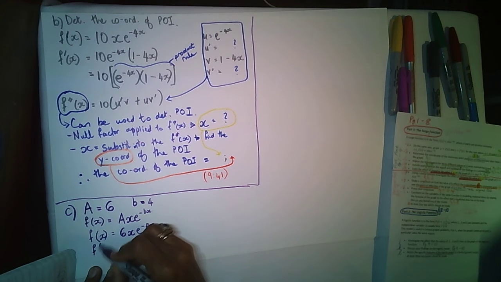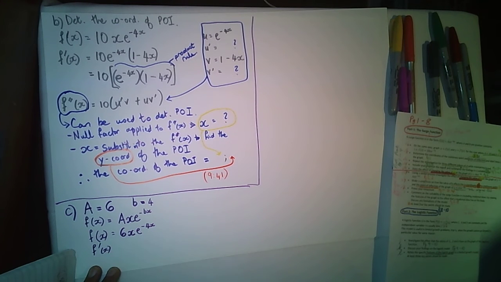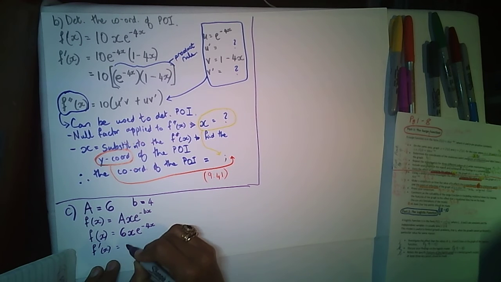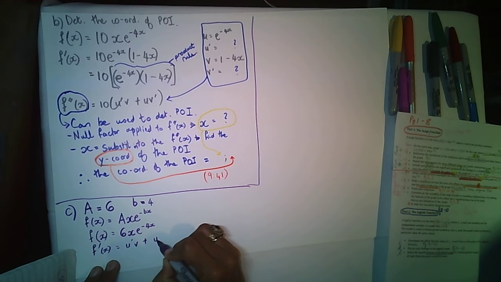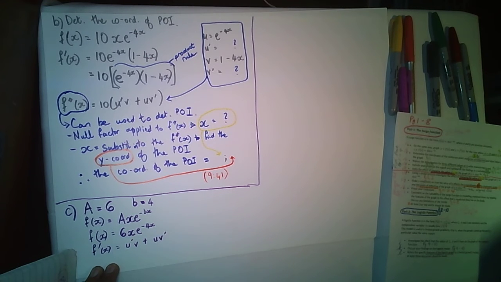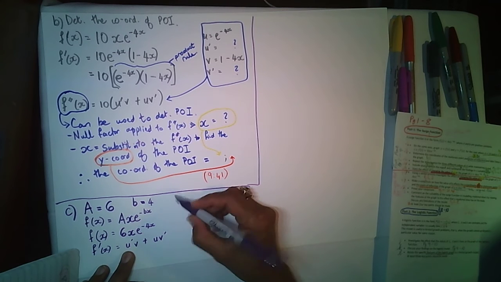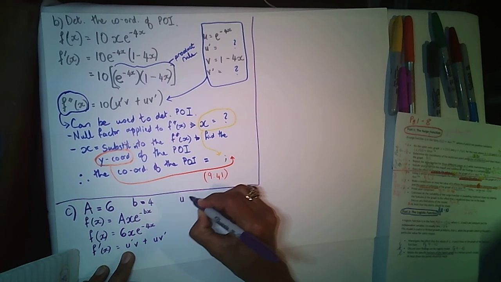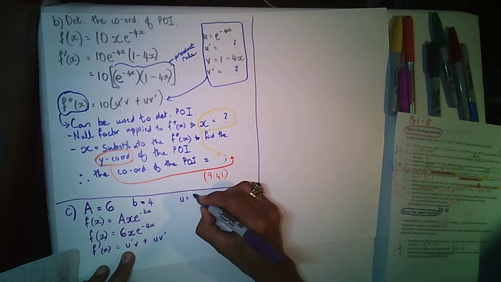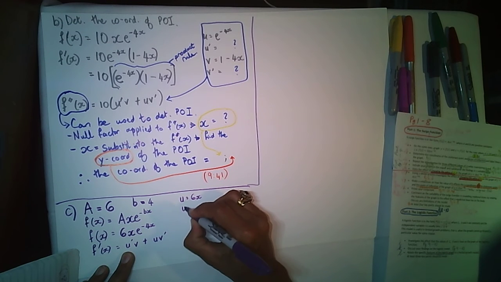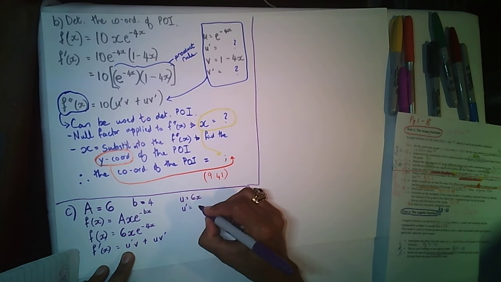When I do my first derivative, which I need to find my stationary point, I'm going to again use the same product rule that I did earlier in one of the previous videos. If you identify correctly that u is this time equal to 6x, then u dash is going to be 6.